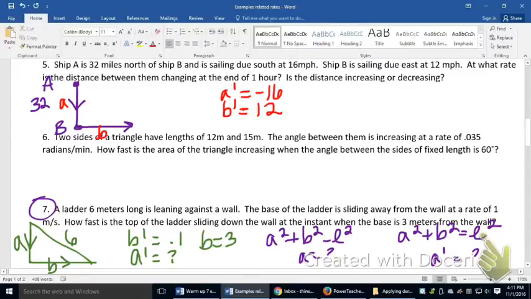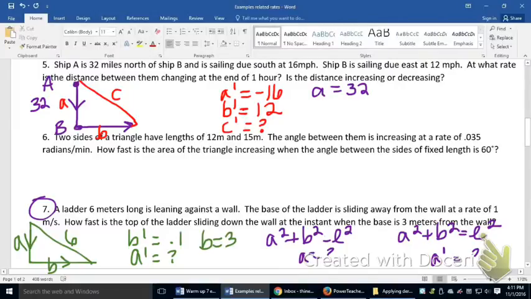At what rate is the distance between them changing at the end of an hour? So it says the distance between them. Here's the distance between them. Maybe that's C. It's asking what C prime is. And it says at the end of an hour. So I already know that A is 32 because that's how far it is north of ship B. And what it's asking me is at the end of an hour, how fast it would be changing.